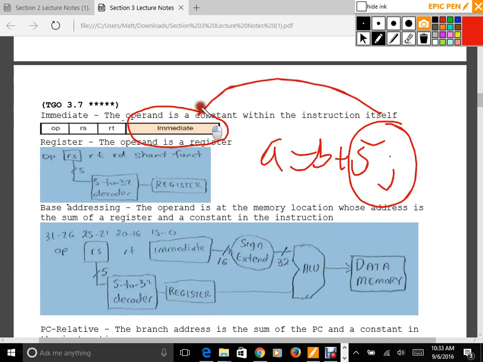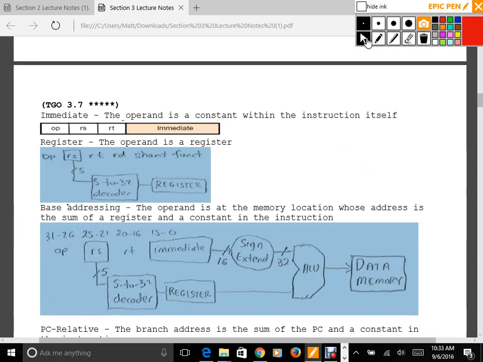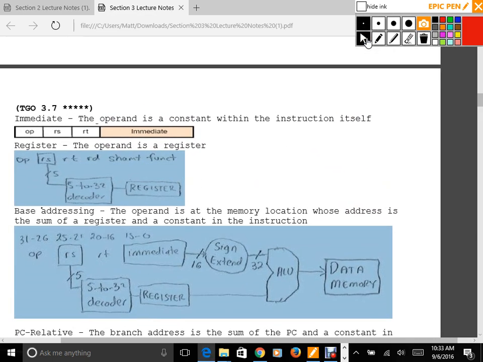The 5 is actually stored in the instruction, so that's where the value is. You don't need to go anywhere else to find it. So for the TGO, I say define the 5 types of memory addressing and represent them with a drawing. So that's what this is here.